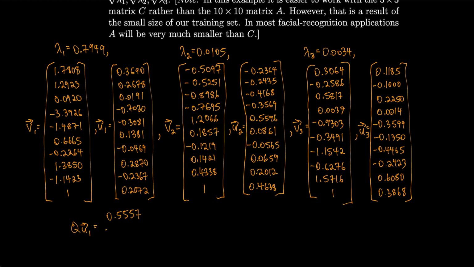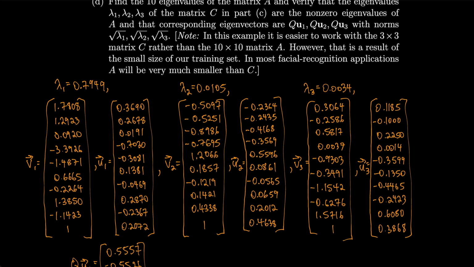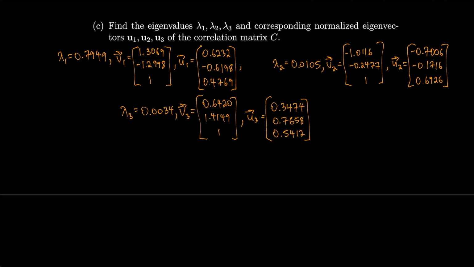0.5557, negative 0.5526, 0.4252, and let's go back up. We can see that QU1 is not the same as the U1 we had before.